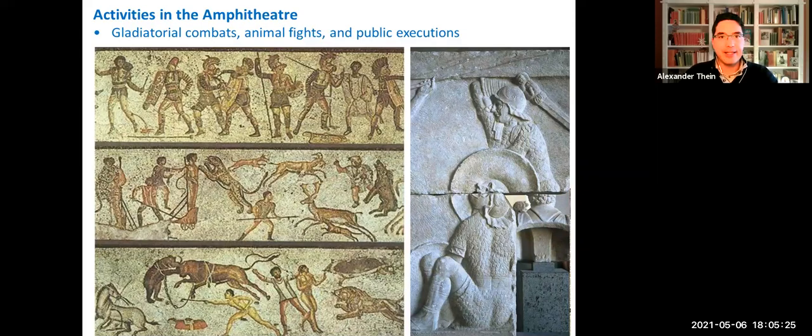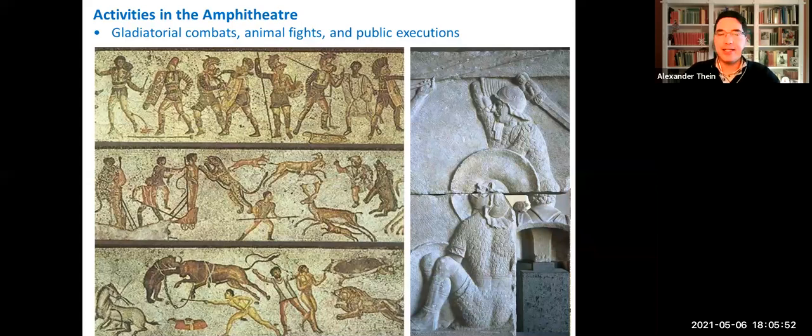Also, unlike in a provincial context, in Rome, one of the elements of the activities in the amphitheatre are public executions. Being condemned to the beasts, various other types of public executions are attested as well, in addition to gladiatorial combats and animal hunts.